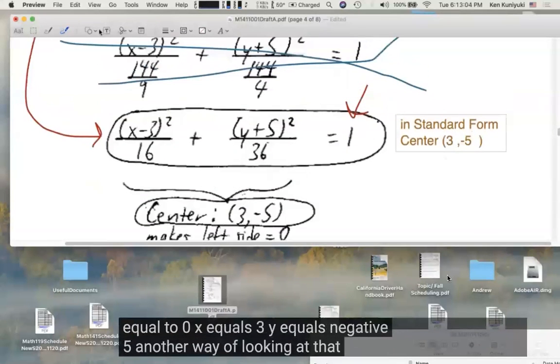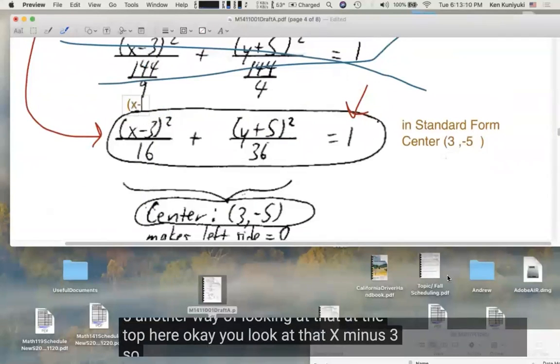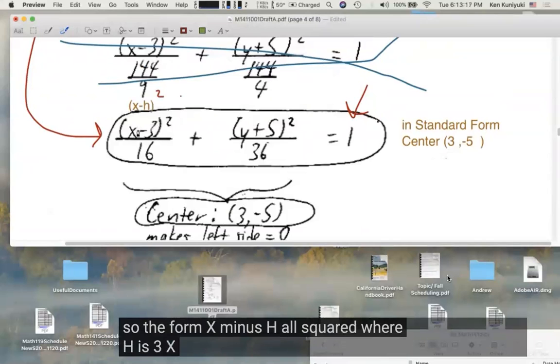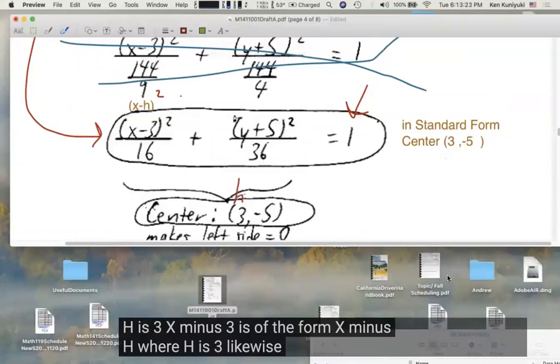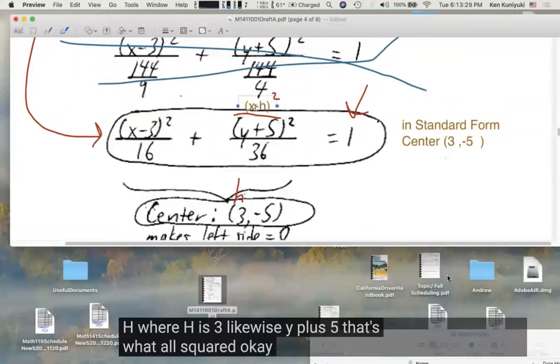Another way of looking at that, the top here, you look at the x minus 3, so the form x minus h all squared, where h is 3. Likewise, y plus 5, that's what all squared? So y minus k all squared.